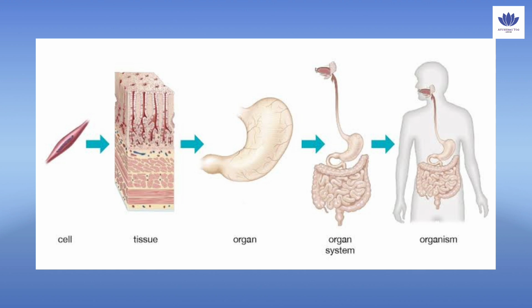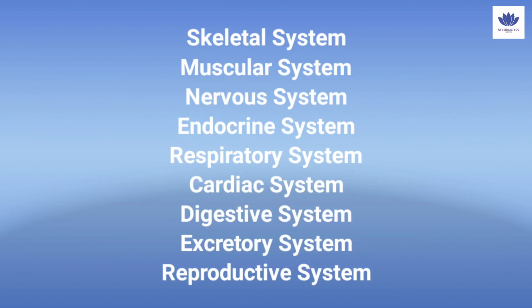And a living being that has a cellular structure and can independently perform all physiological functions is referred to as an organism. Now, there are 9 major body systems: skeletal system, muscular system, nervous system, endocrine system, respiratory system, cardiac system, digestive system, excretory system, and reproductive system.